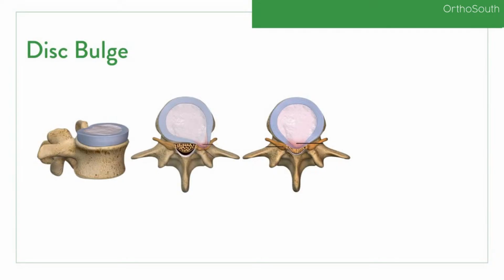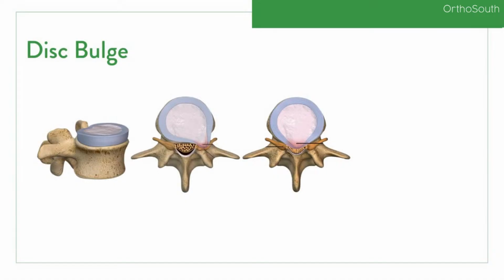So this goes back to the picture we looked at a bit ago, which you can see here as well, that shows the hard outer part of the disc, or the annulus fibrosus, which is the hard outer part of the jelly donut, and the softer inner core of the disc, which is the jelly part of the jelly donut, okay?